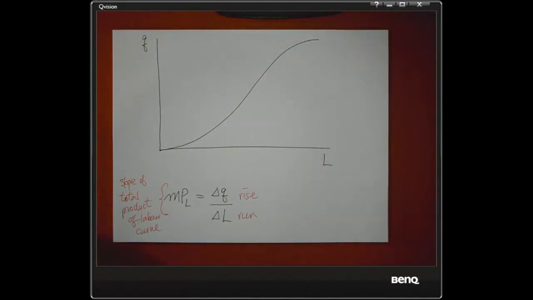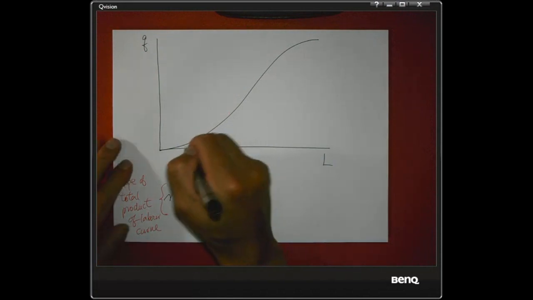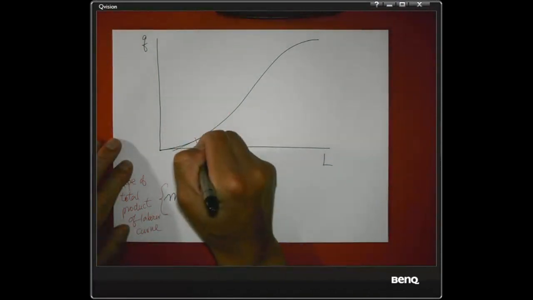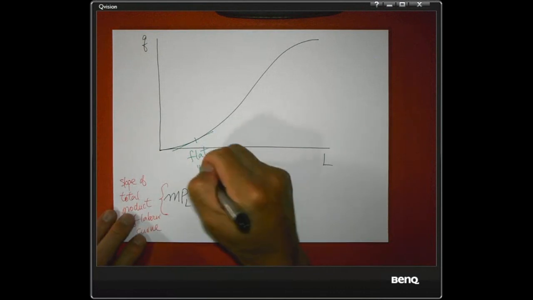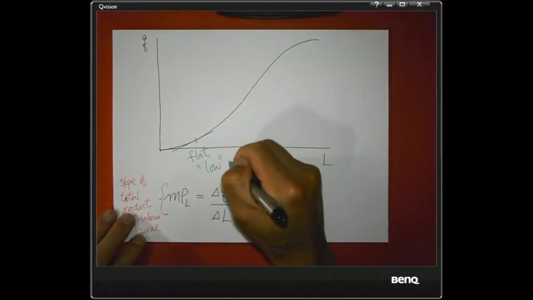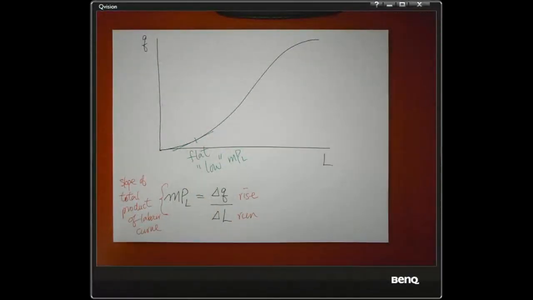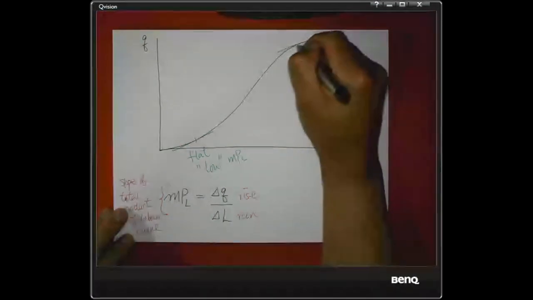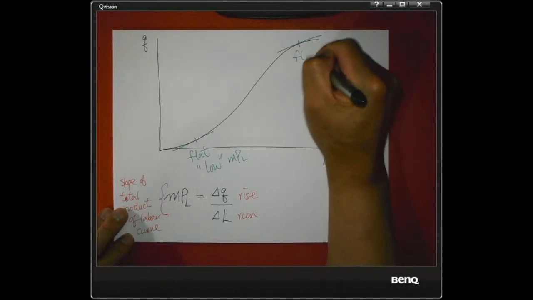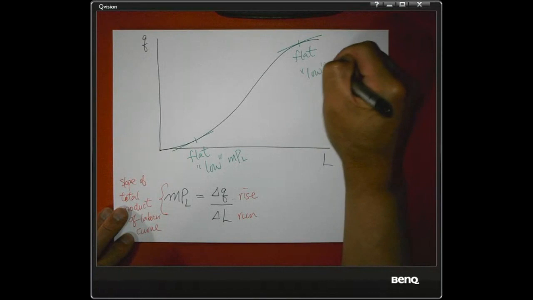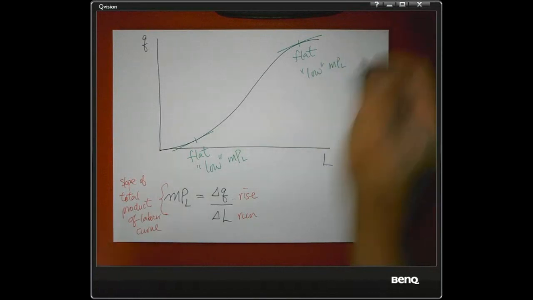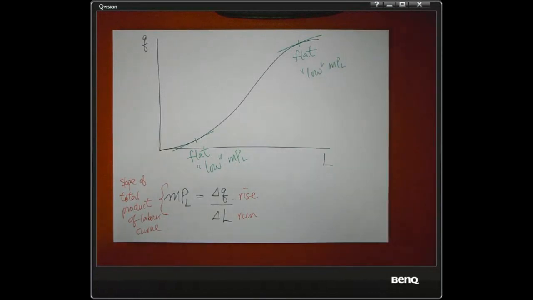So what we see in here is that initially we said this is flat. Therefore, you have low marginal product of labor. And at the top, this is also flat. That means you also have low marginal product of labor.